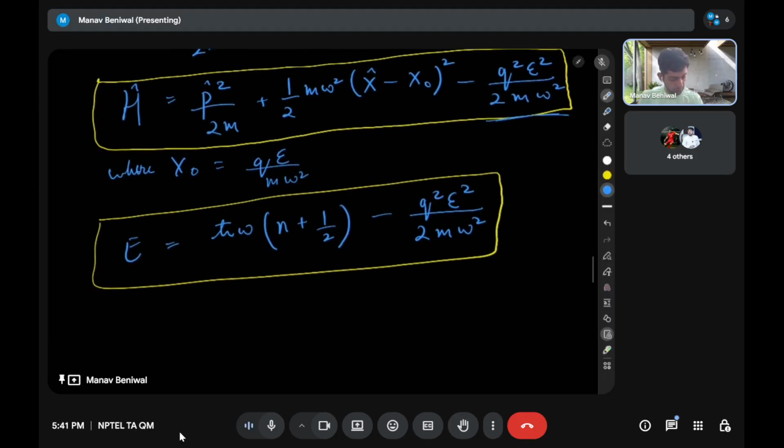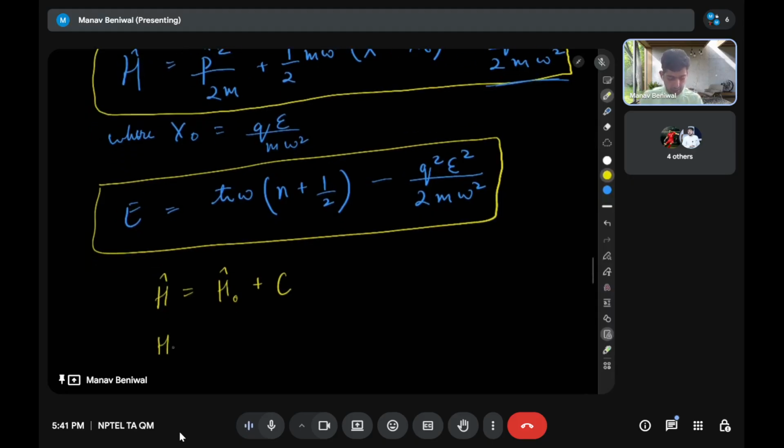So what I did was, let's say you have a Hamiltonian which is some H naught, another Hamiltonian, plus some constant c, and if I do H psi, operating on some wave function, it is H naught psi plus c times psi.